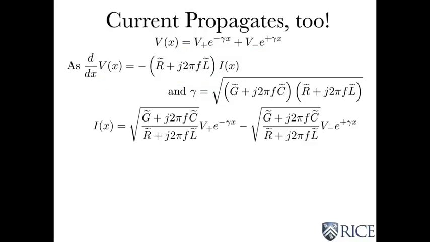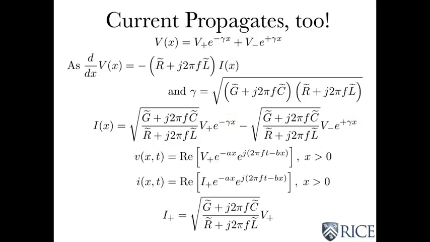And what you get for an answer, after all is said and done, plugging in for gamma, is that the current is given by a very similar expression. The important parts are in the exponents here. So we get the same kind of thing in that the plus side goes for positive x, and the negative one goes for negative x. Similar kind of things happen.